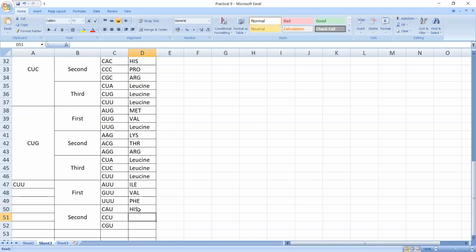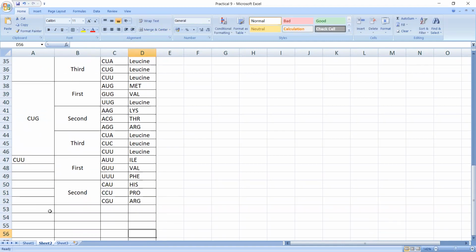What is CCU code? CCU is the code for proline. All right. Now CGU. CGU is a code for arginine. Students, make this table very neatly and pay attention and write. What are you writing in the exam? Please be careful. Now, what is the third base here?